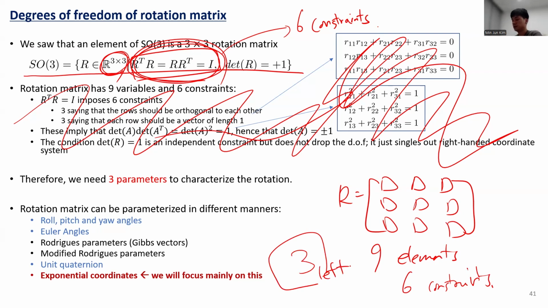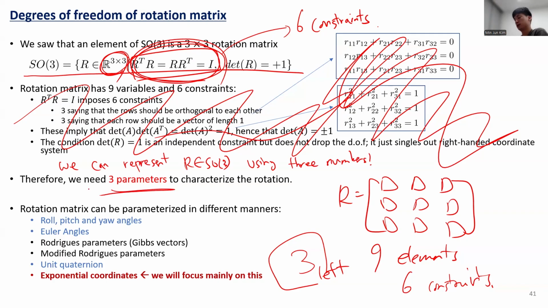That means we can represent a rotation matrix using 3 numbers. So we need 3 parameters to characterize a rotation. Okay.